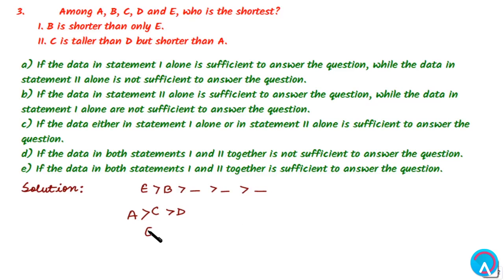So finally we have E is taller than B, B is taller than A, which is taller than C, which is taller than D. So finally we have the shortest one is D. So here also E is the correct option. Data in both statements 1 and 2 together is sufficient to answer the question.